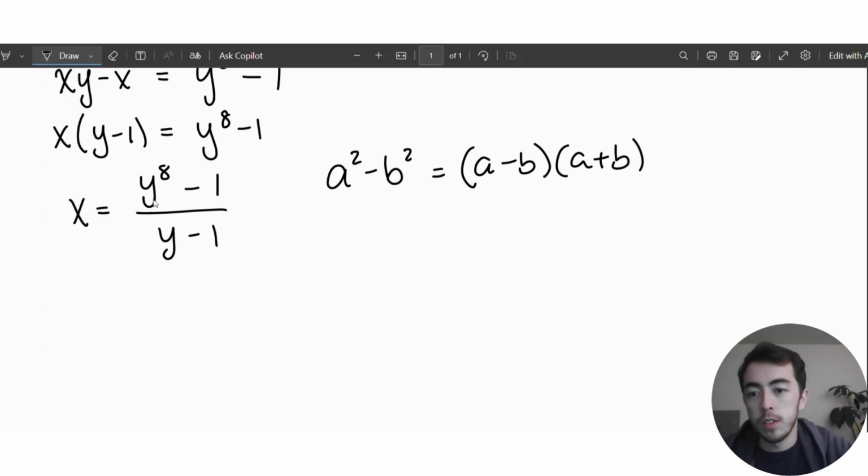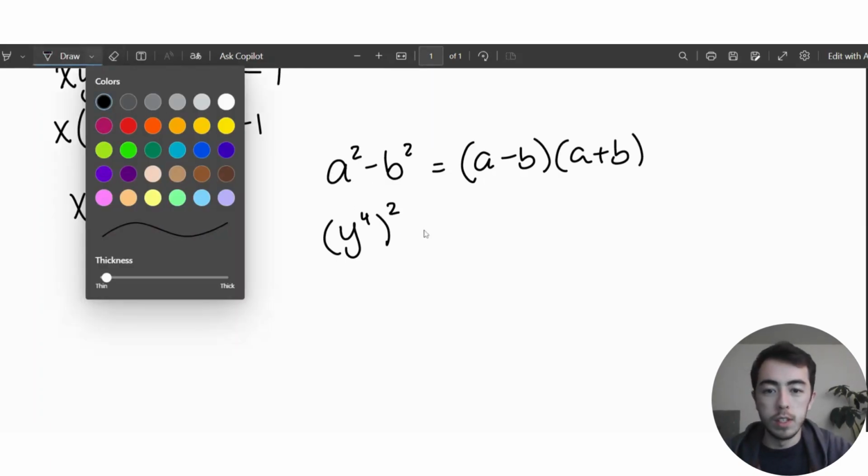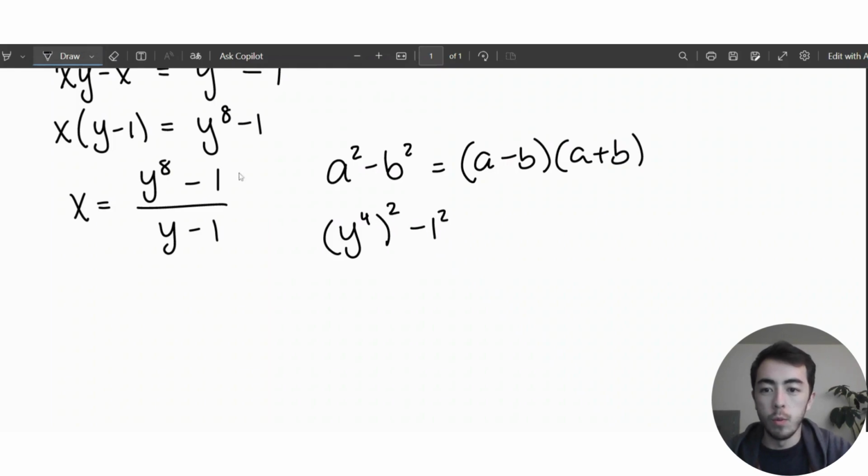So the first number up here, if I think of something squared to get y to the power of 8, that's going to be y to the 4th squared. And then 1 squared is just going to be the same thing as 1 from here. So I know that I could factor the numerator by taking just that y to the 4th minus a 1, and then multiplying it by y to the 4th plus 1.